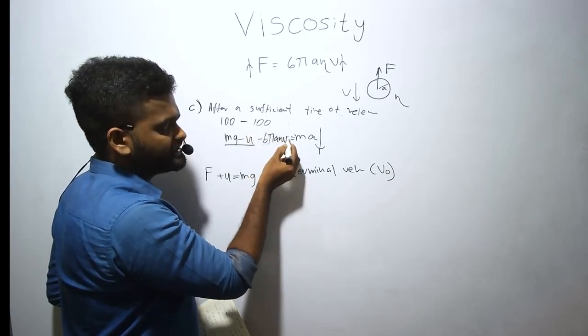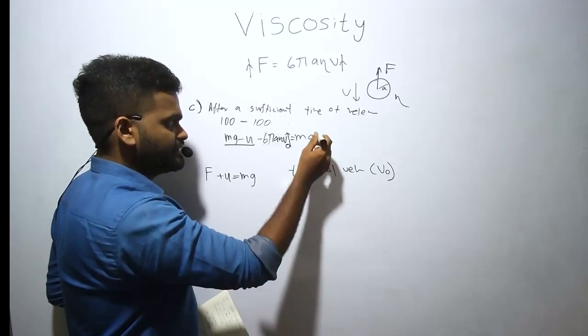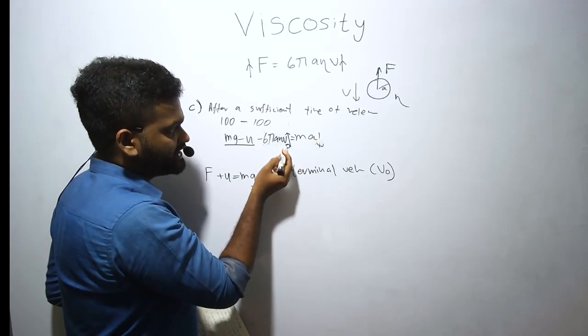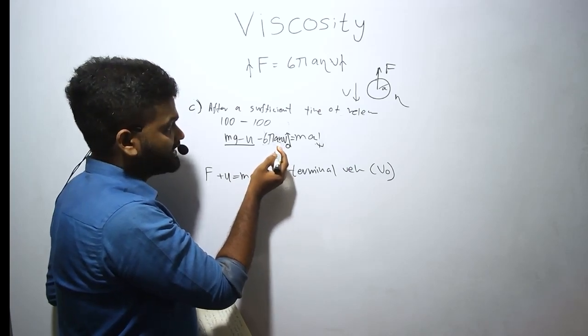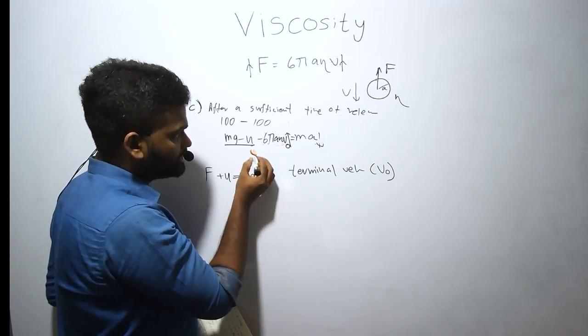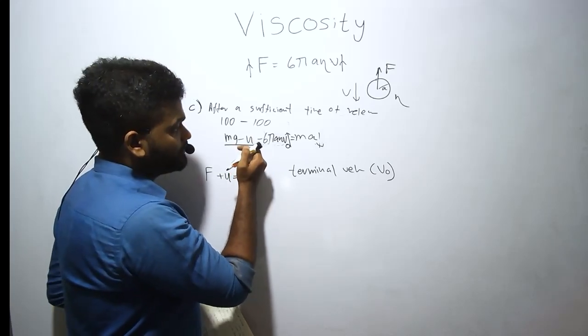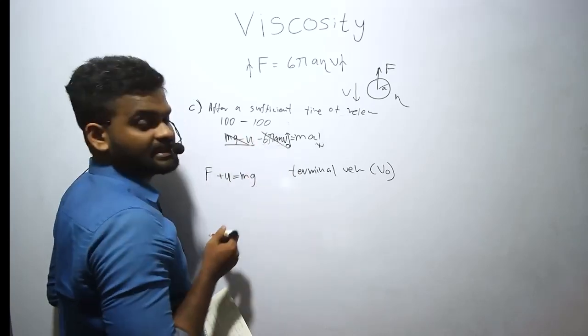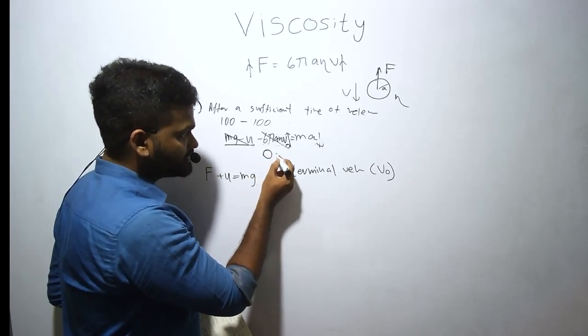So this V naught is increasing, right? Gradually V naught is increasing. Acceleration is decreasing. There's a certain value of V, we call V naught. At that value, this whole value is matched with mg minus u value. What happens then? This one cancels off. And the net force becomes 0.